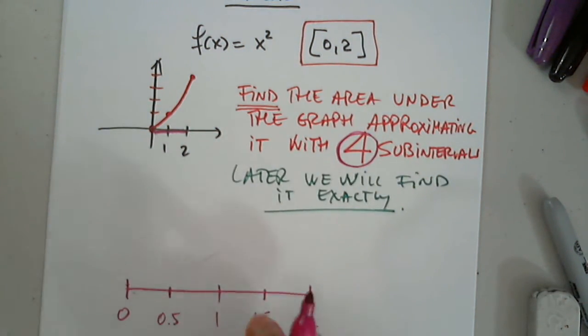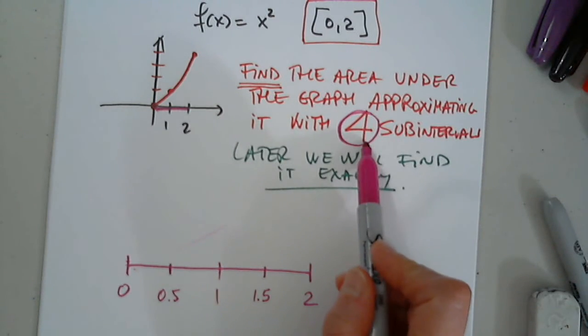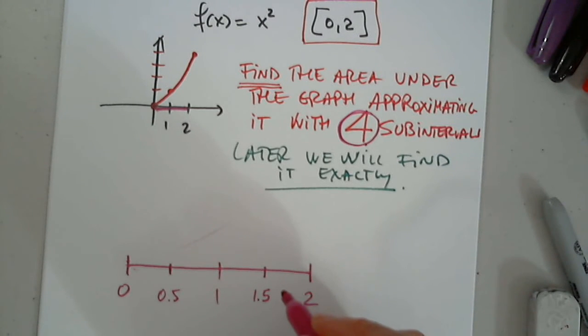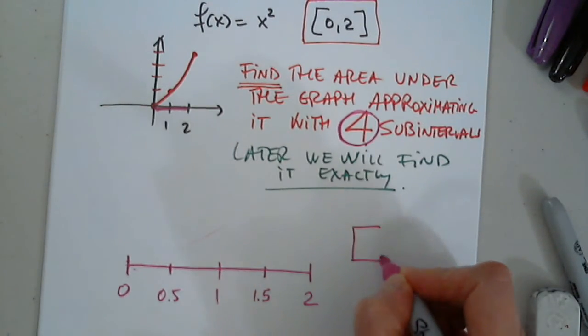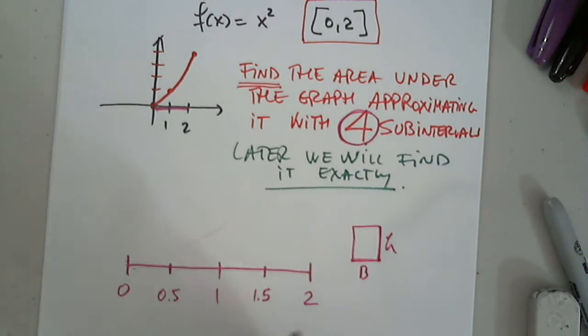Okay? So what I am trying to do now is, with 4 subintervals, I'm trying to create rectangles that I know how to calculate area for. So what is the area of this rectangle? Base times height. Base times height.